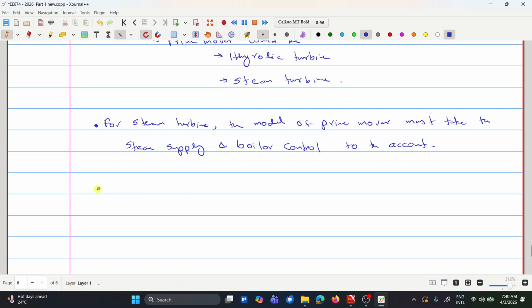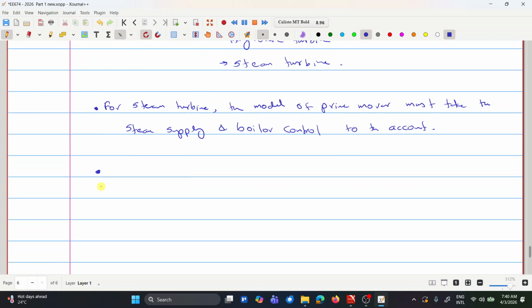So there are various models depending on the boiler type, the prime mover type, the steam supply type, and so on, and the steam cycle. So we will consider the simplest non-reheating steam turbine.